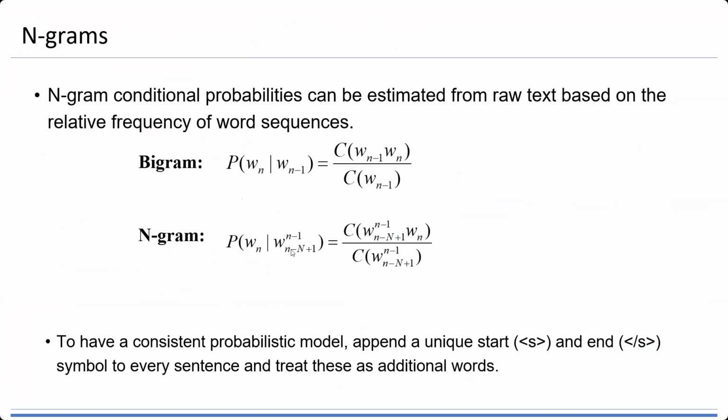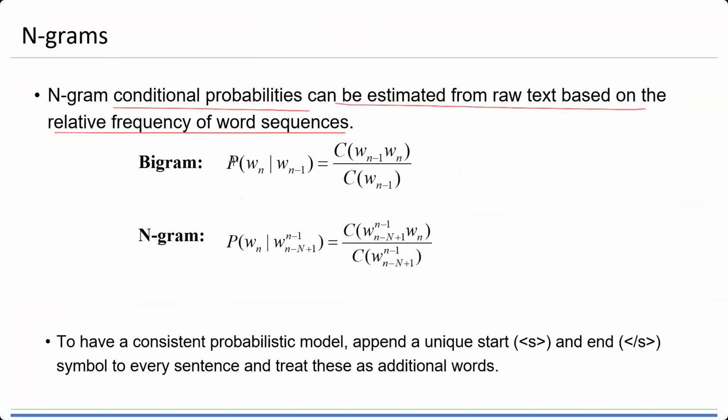So the mathematical equation for the n-gram, if it is a bigram, we can have the conditional probabilities. Conditional probabilities can be estimated from the raw text based on the relative frequency of the word sequence.